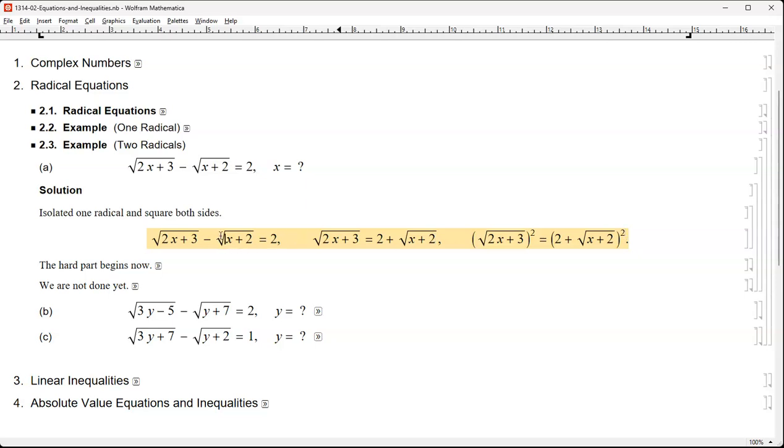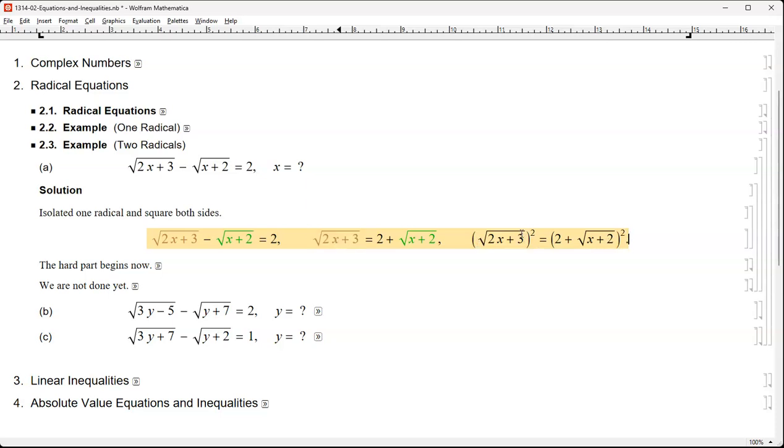The second radical, which I'm highlighting in green, flipped over here, and the first radical, brown, that's isolated, stays the same.